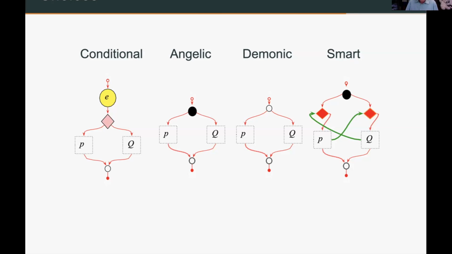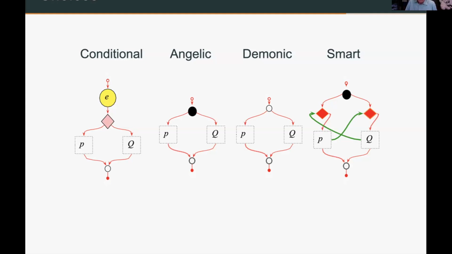So an angelic choice would be where we want it to work regardless. This is not really what one means by angelic, but we want it to work, so we have to try both P and Q, so that if P works, good, if Q works, good.